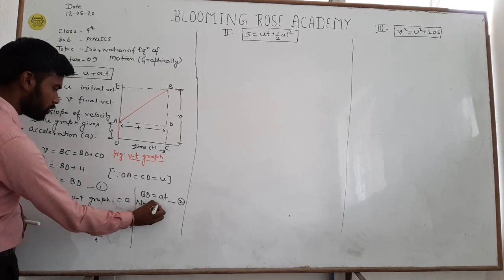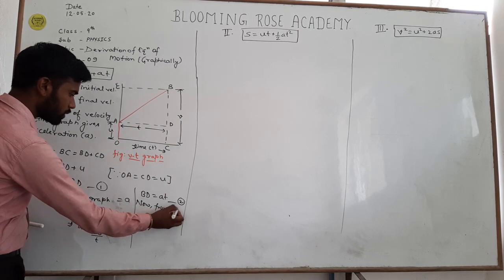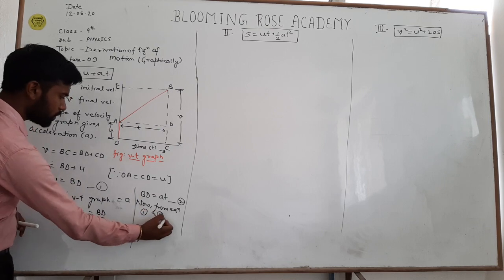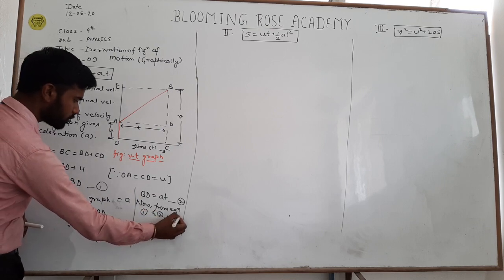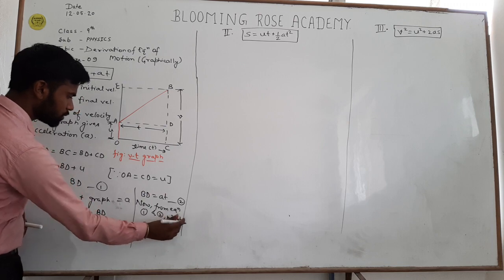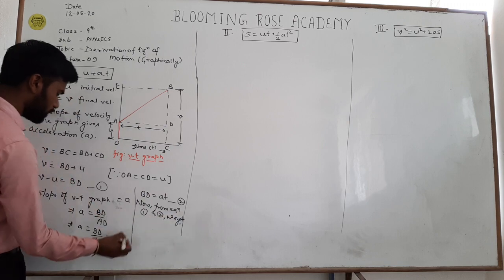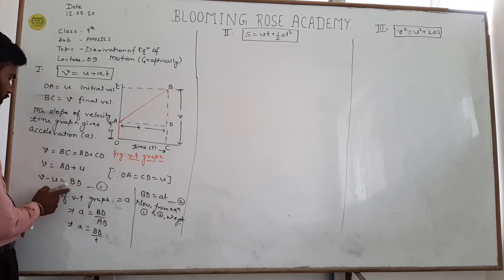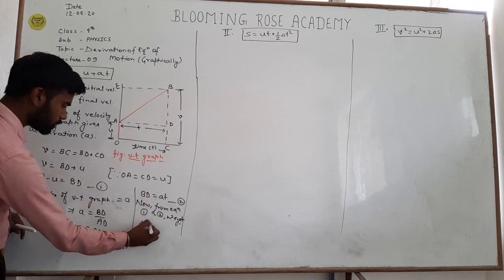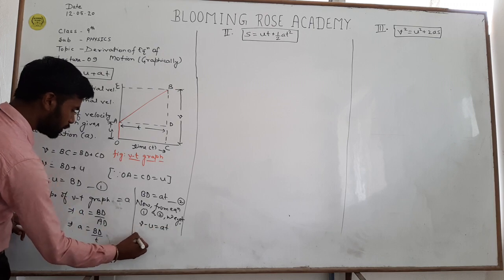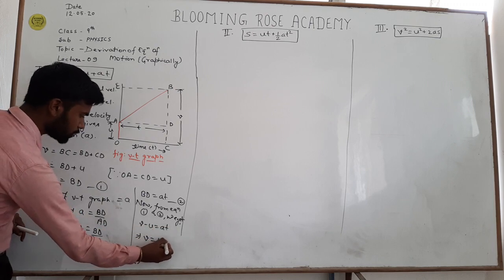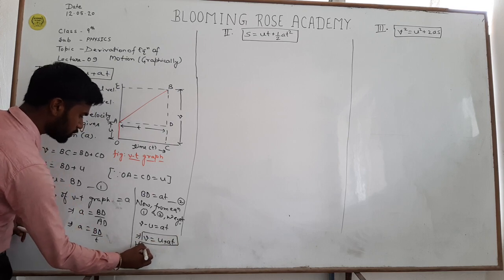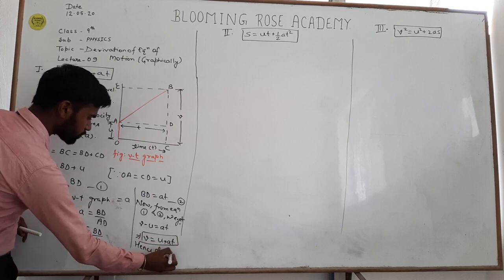Now from the first and second equations, both are equal to BD. So v minus u equals at, which implies that v is equal to u plus at, hence derived.